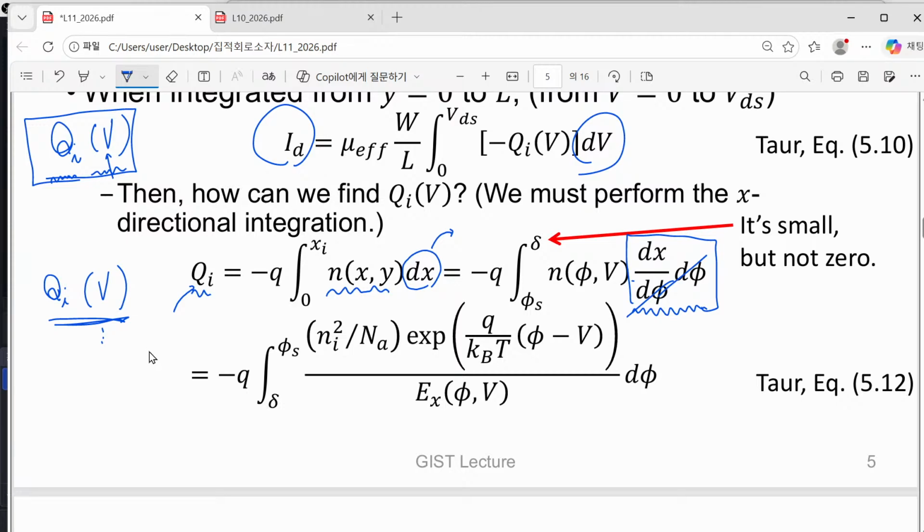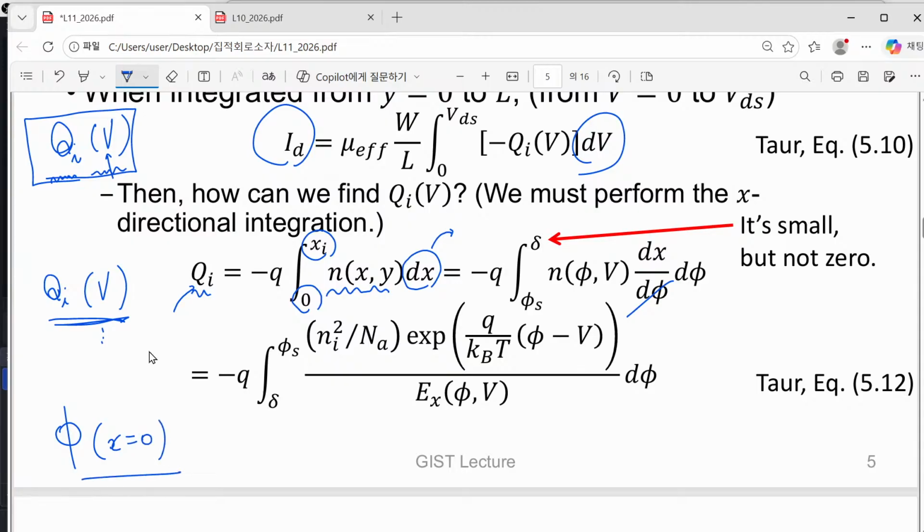Of course, once again, when you do this job, we have to change the integration range. Position starts from the interface and goes to a certain position far away from the interface. Then please try to figure out the electrostatic potential at the interface. What is the electrostatic potential at the interface?